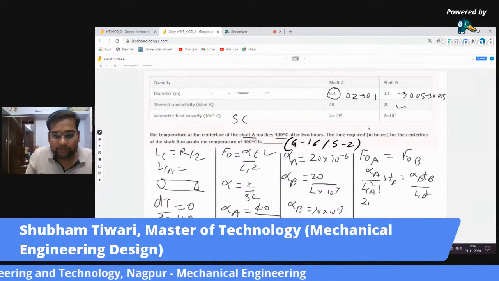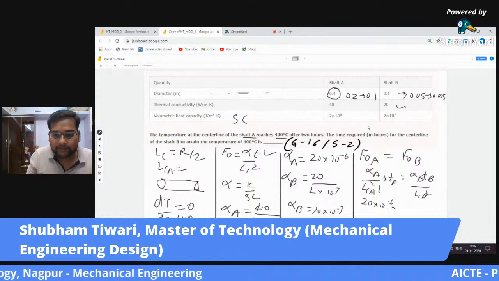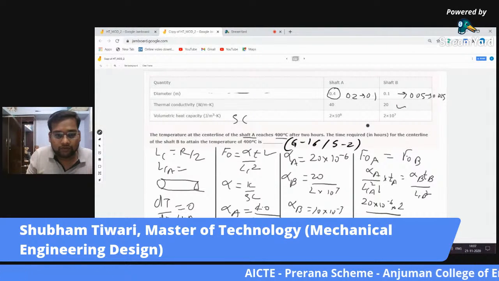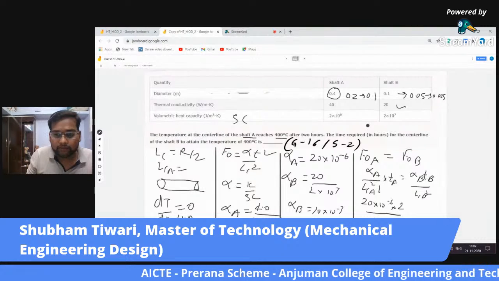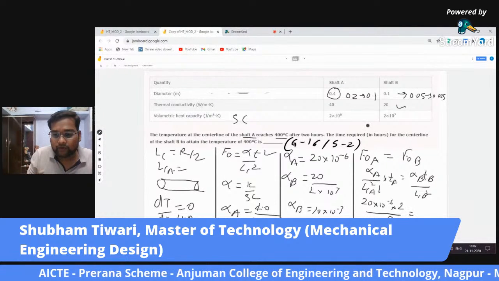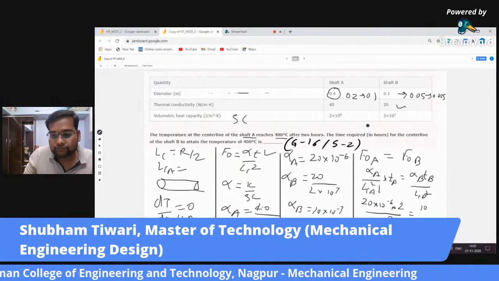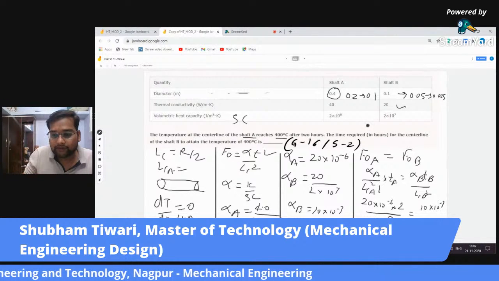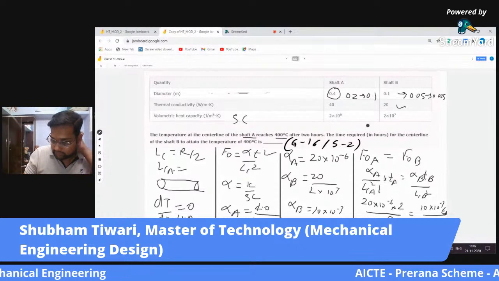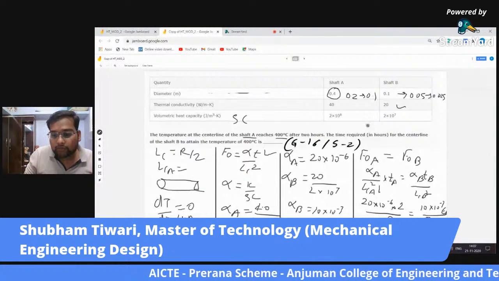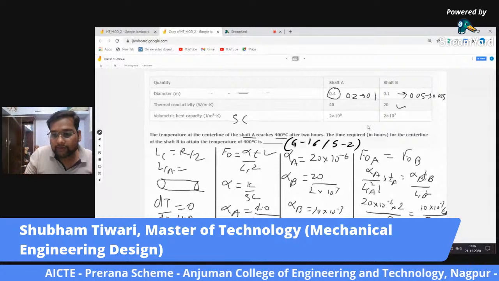What we have is 20 into 10 raised to power minus 6 into 2 upon 0.1 square equals 10 into 10 raised to power minus 7 into T of B upon, what is Lc? 0.025 square.